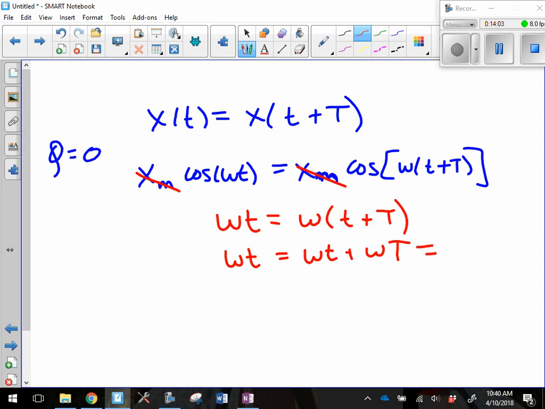Now, when's the first time that cosine repeats itself? Yeah, but how many radians does it take for cosine? What's the period of a cosine function? 2 pi. So this would be omega t plus omega times 2 pi, right?